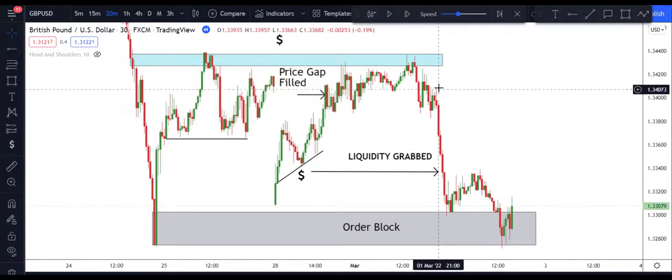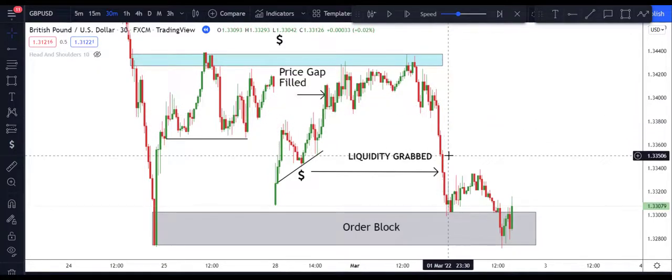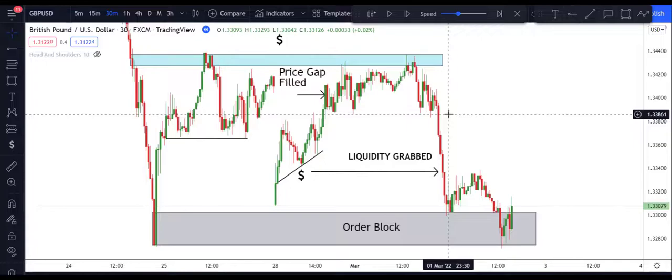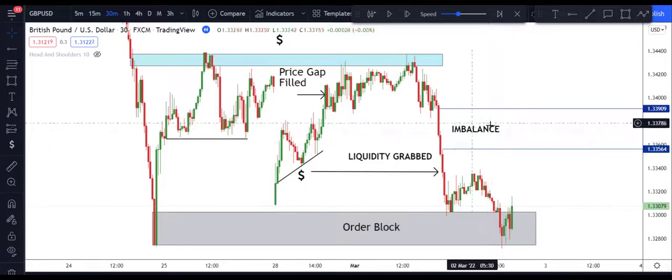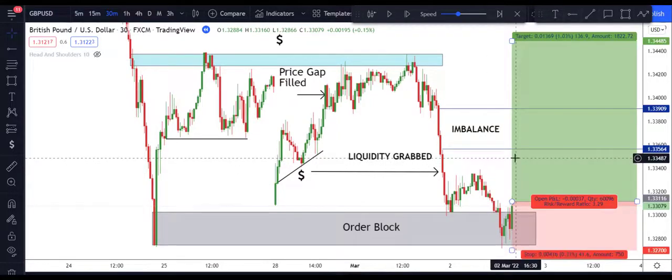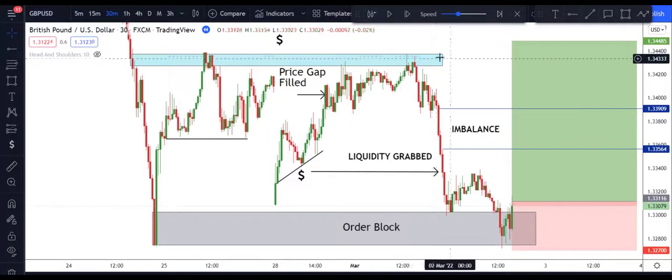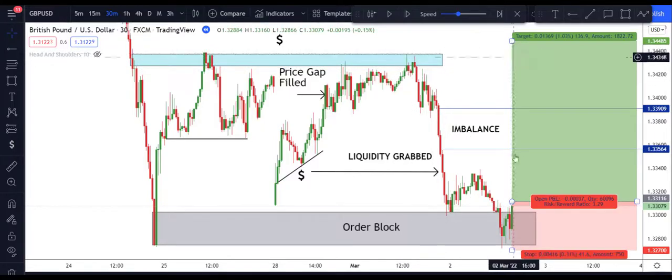And if we look at this area right here, we can see that price left some imbalance in this area as well. So this is the imbalance area, and our entry was just around this area, and our TP was just above this resistance area, and our SL was just below this order block area.